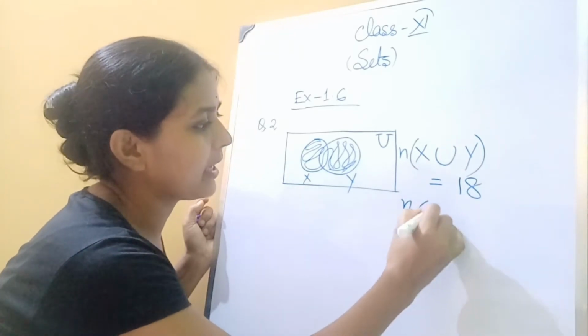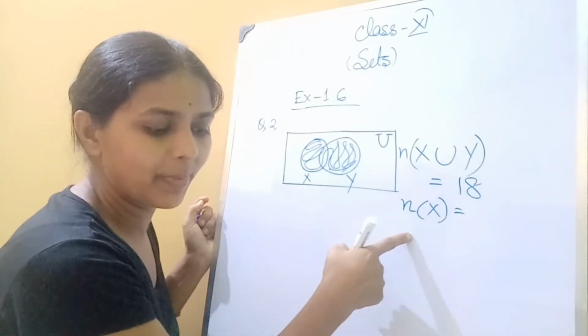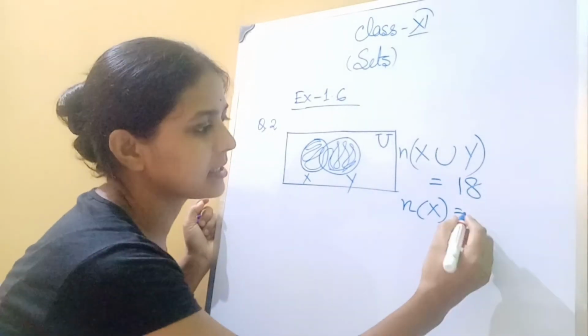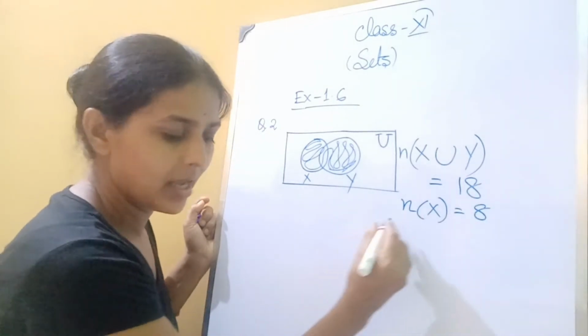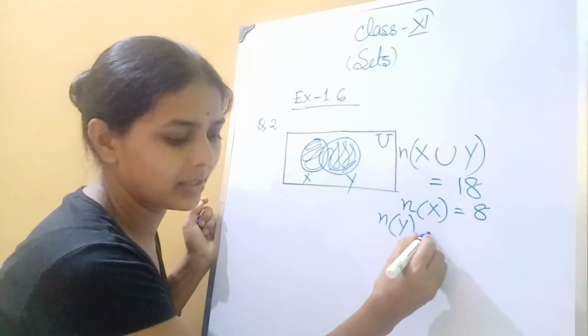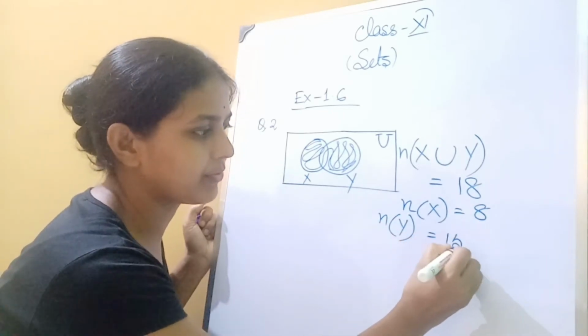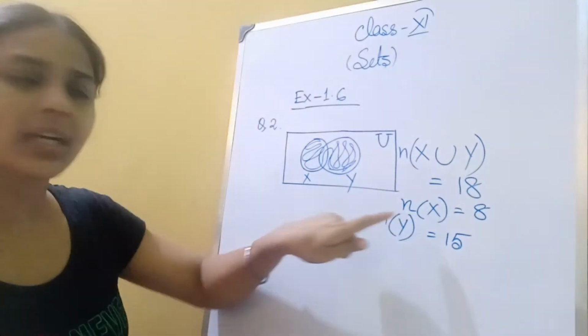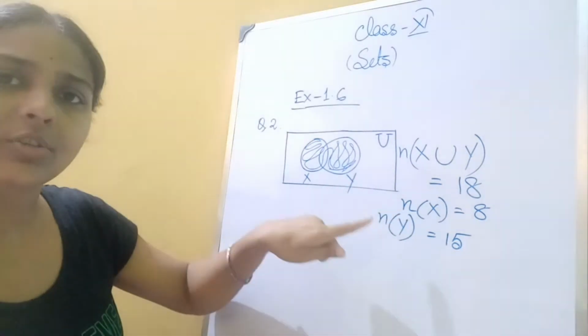Simply n of X, that means the number of elements in the set X, is 8 and the number of elements in the set Y is equal to 15. These three conditions are given in the question.